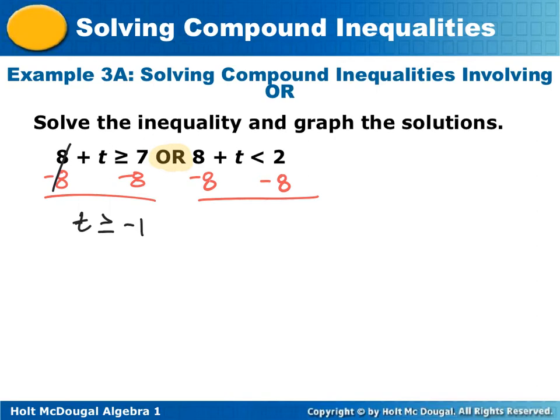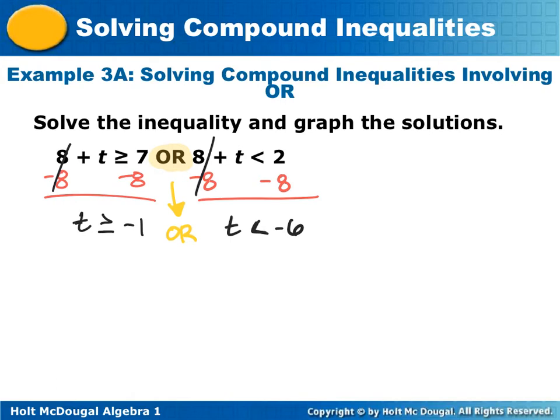Once that happens, I get t is less than -6. So, looking at that, now I've got these two different things, but the big thing to remember is what was used. Or.